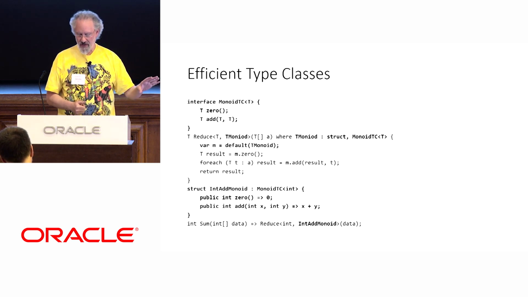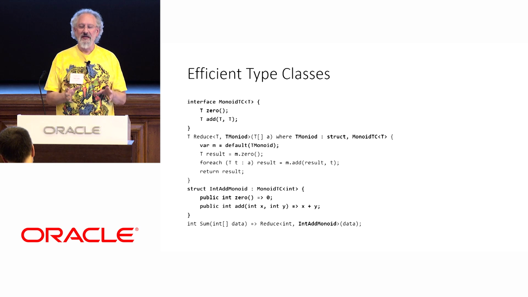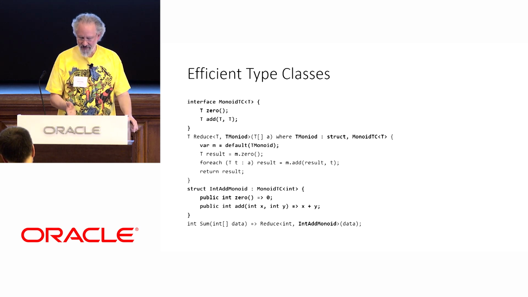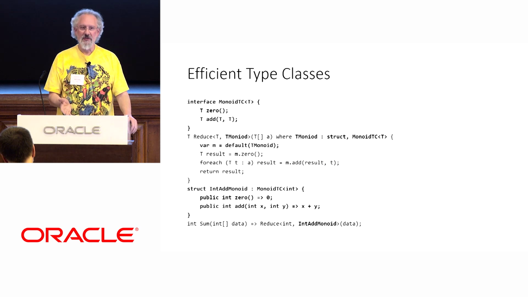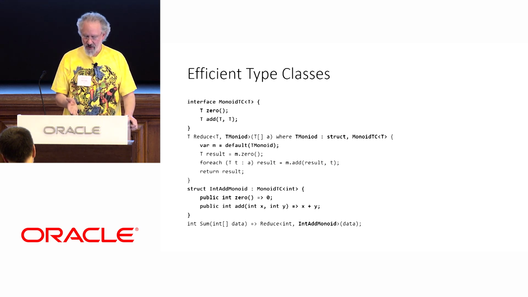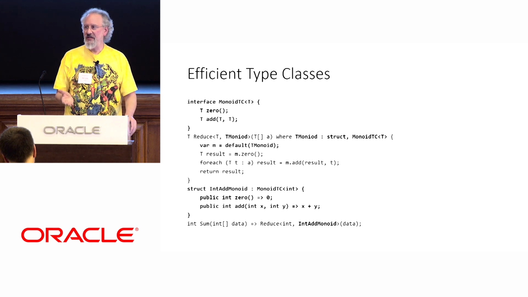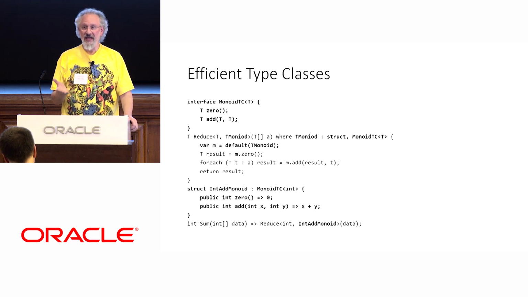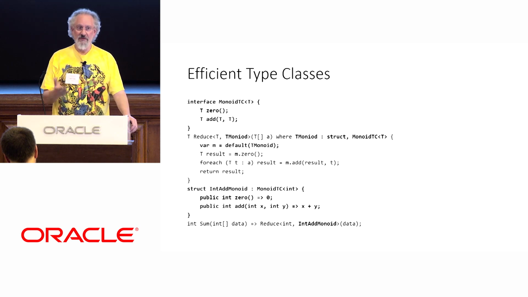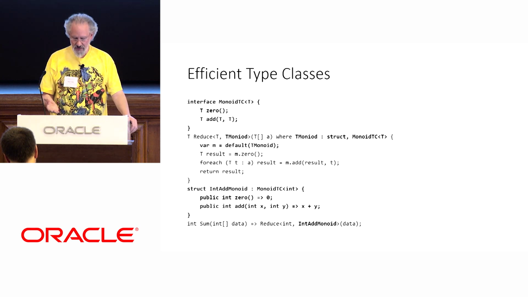It's a little bit awkward to do by hand, but you pass this type parameter T monoid, and it's not used as an argument, and it's not used as a return type. But the implementation creates a default value of that T monoid. And the default value is just as good as any other value because these monoids don't have any state. They only have functions. They have interface functions you think of as virtual functions.